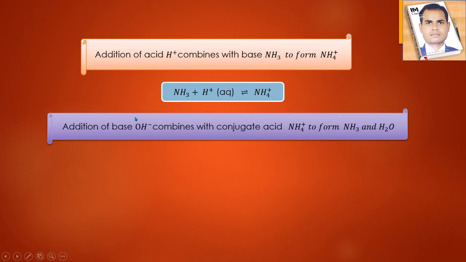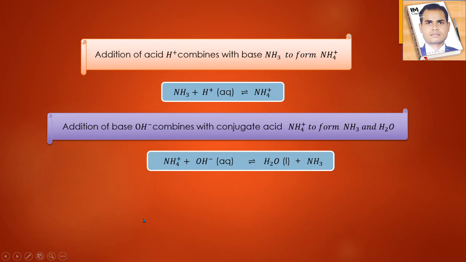And if you add a base, it combines with the conjugate acid and forms NH3 and water. You will see the reaction of NH4 plus with the addition of the base OH minus, forming water in liquid form and NH3.